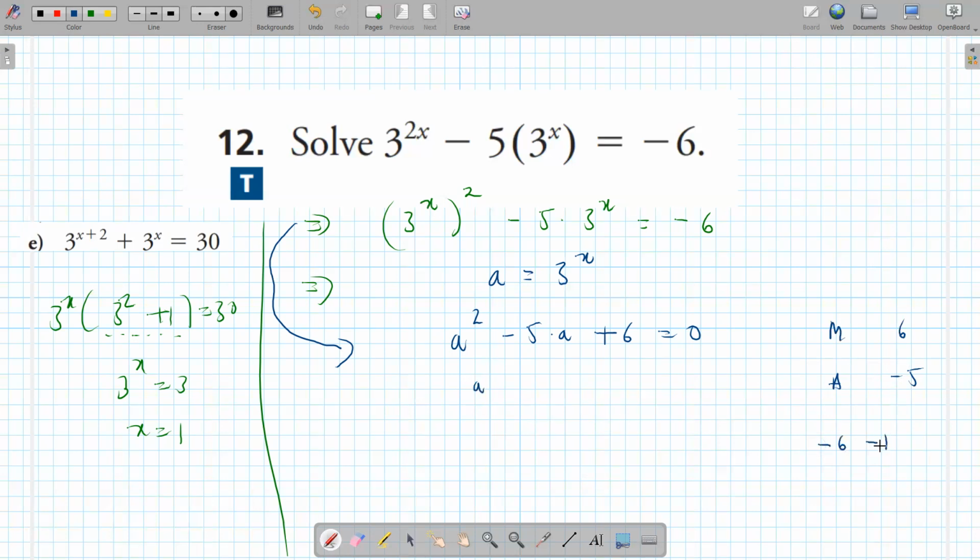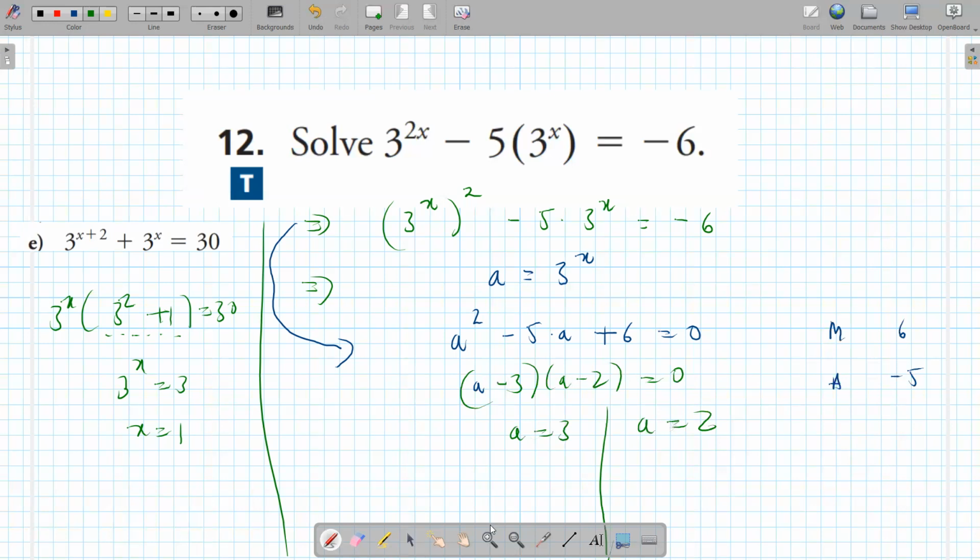Does that work? That's going to add up to negative 7, so that's not the combo. Only one other thing multiplies to 6. Negative 3 and negative 2. Negative 3 and negative 2 is right. So a minus 3, a minus 2 equals 0. So that means a is 3, and that means a is 2, right?